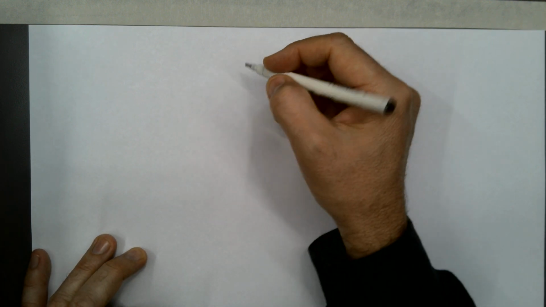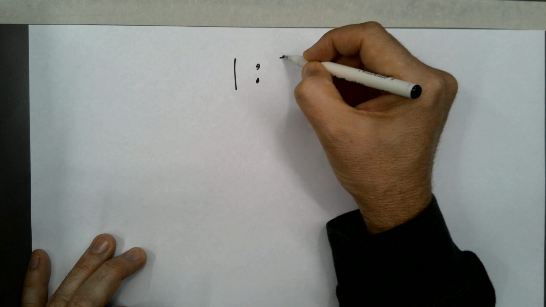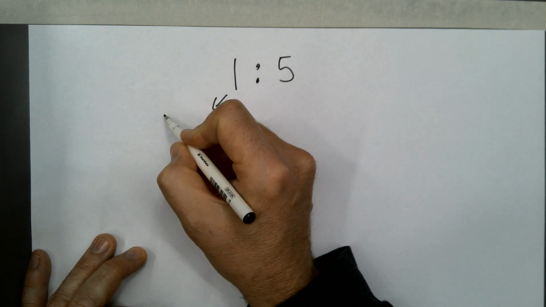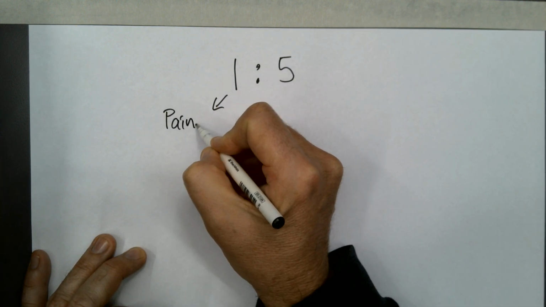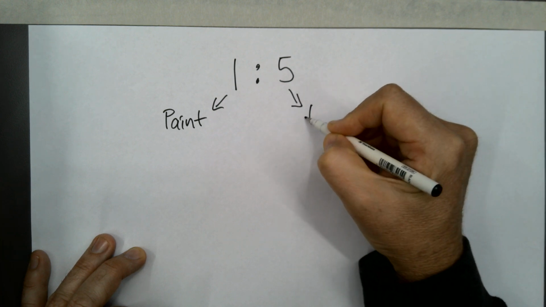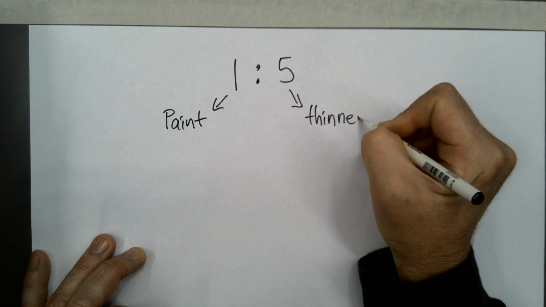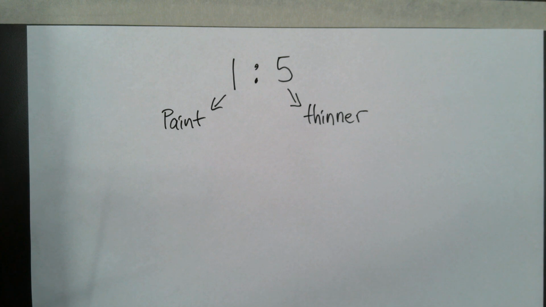All right, so let's have a go. Let's say I'm mixing up some paint. Maybe it's automotive paint, whatever it is, but it's paint. So let's say the ratio I'm supposed to use is 1:5, and that is the actual paint out of the tin, and that is thinner. Maybe I'm using an enamel, so I've got to use an oil-based thinner.